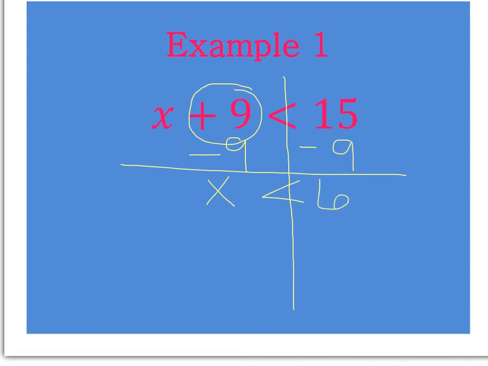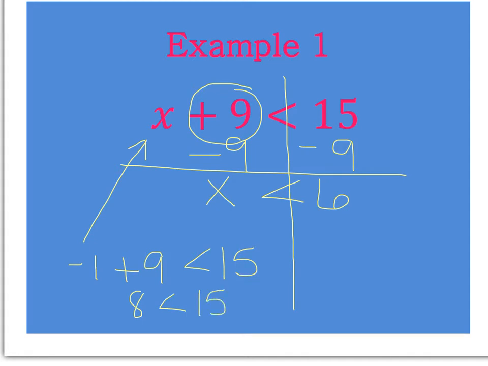That means that any number that is less than 6 will make this a true statement. So you could pick any number that is less than 6. I'm just going to pick -1. If we plug in -1 for x, we say -1 plus 9 is less than 15. -1 plus 9 gives us 8.